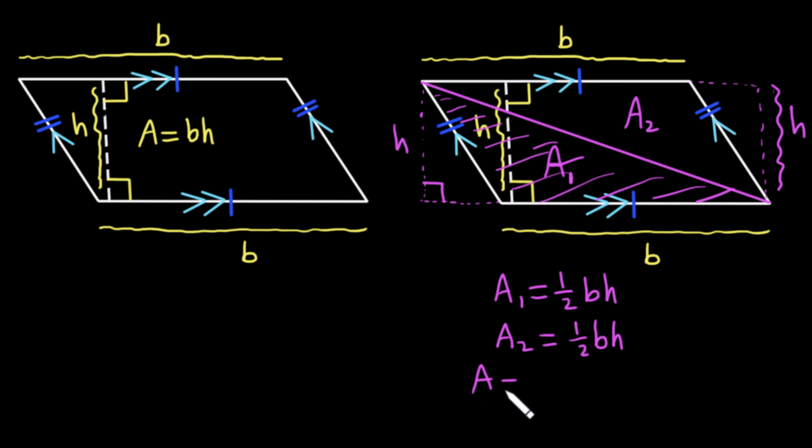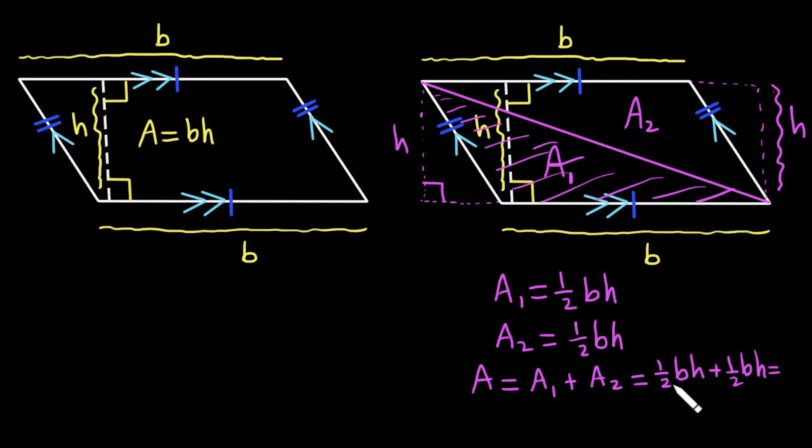Now, if we want to find the area of the whole parallelogram, we can say A1 plus A2. A1 is the first triangle and A2 is the second triangle. A1 is half BH, and the second triangle is half B multiplied by H, half BH.